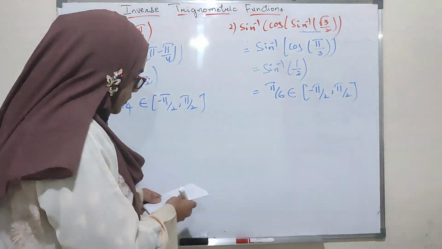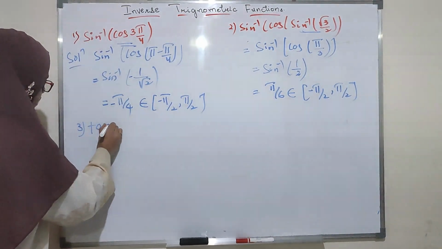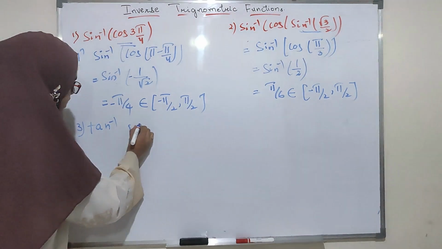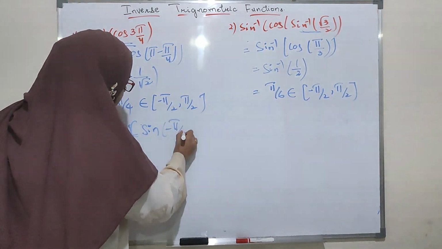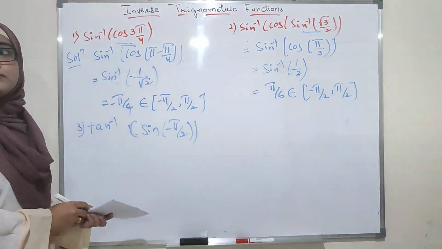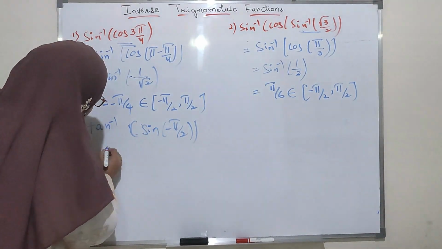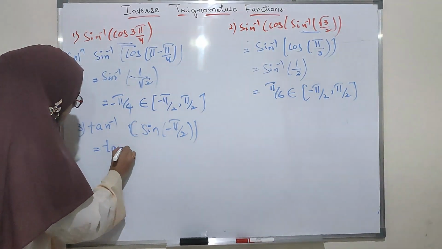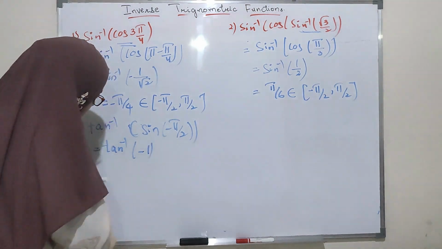Okay. Now write the third one, tan inverse of sine of minus pi by 2. First we have to write sine of minus pi by 2, which is minus sine 90. We all know that it is 1, so minus 1 we have to write.